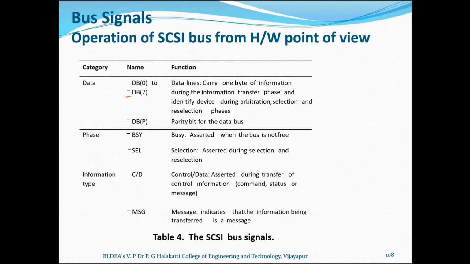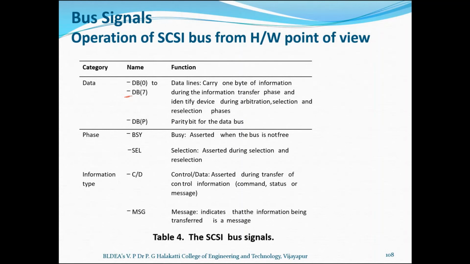Now a narrow bus of 8 data lines will have 8 controllers, whereas a wide bus can accommodate up to 16 controllers. Each controller is associated with a data line that has the same number. A controller places its own address or the address of another controller on the bus by activating the corresponding data line. Thus, it is possible to have more than one address on the bus at the same time.